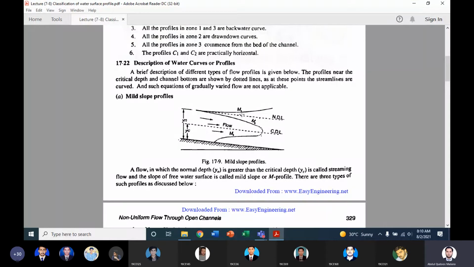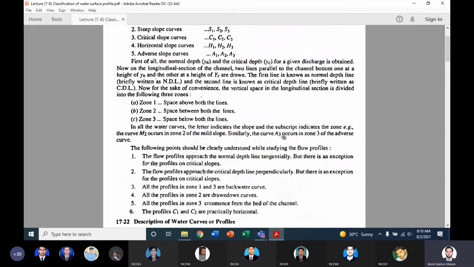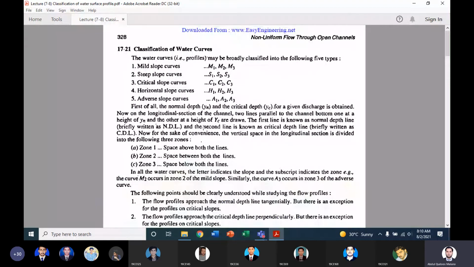One line corresponds to the normal depth, so we write NDL, normal depth line. The second line represents the critical depth, so we write it as the critical depth line. Is this making sense?